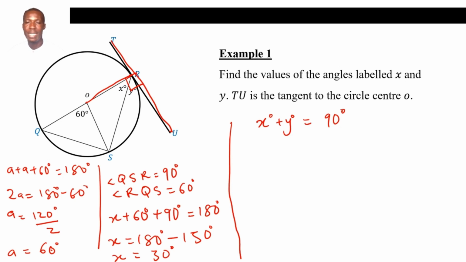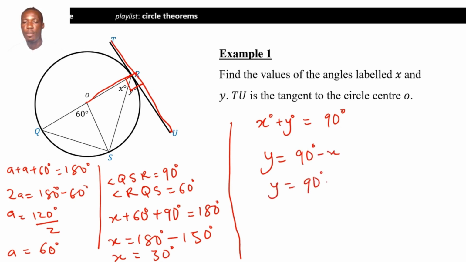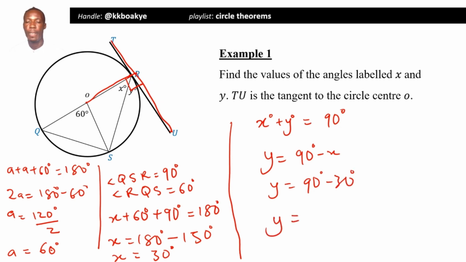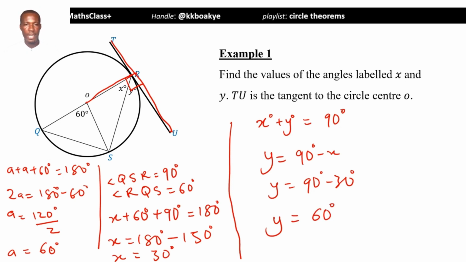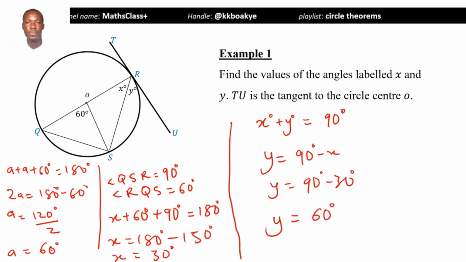Sorry, we know x to be 30 degrees. So our y will be 90 degrees minus x. And so y is equal to 90 degrees minus 30 degrees. Our angle y is 60 degrees. That is it. It's very simple.